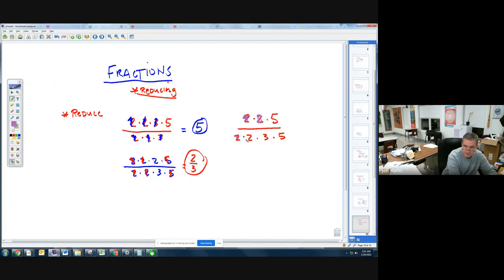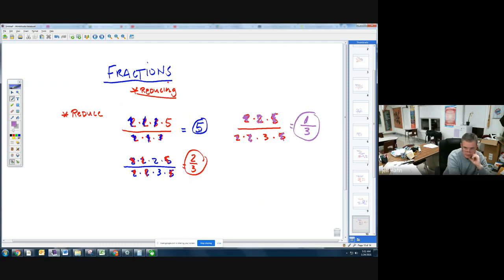A second 2 crosses off with the second 2. There are no 3's on top, but there is a 5 on top and a 5 on the bottom. Here is where you have to be careful, sixth grade. I am left with a 3 on the bottom. If everything on top crosses off, you must put a 1 up there, because there has to be something on top of a fraction.